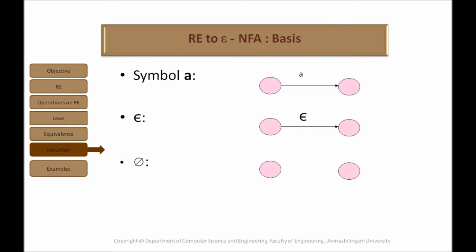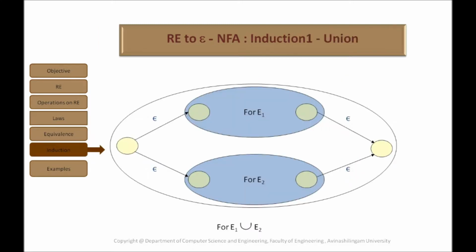Next we will see the first induction. The first induction is the union. We will represent it by the U operator or plus operator. It shows that we have 2 regular expressions, E1 and E2, for example A and B. Here E1 and E2 are finite automata having some states, alphabets and transitions.